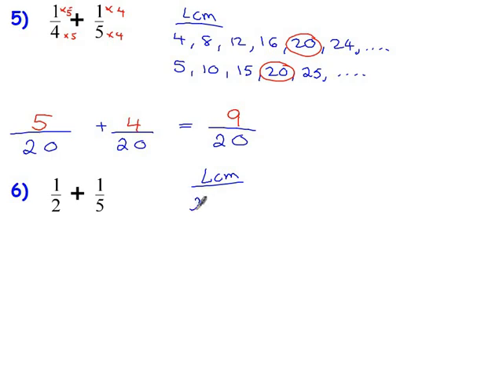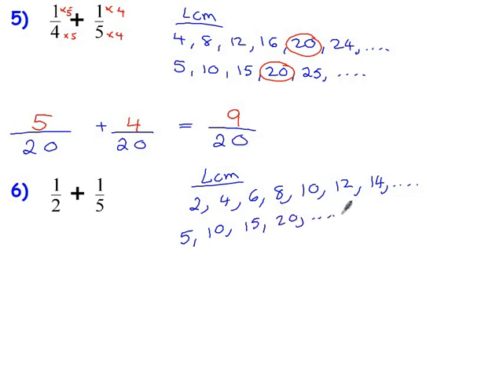So we write up to 2 times 7 to begin with. 2, 4, 6, 8, 10, 12, 14, etc. And the 5 times table, 5, 10, 15, 20, etc. The first number that's in the top list and the bottom list is 10. So that is our lowest common multiple. So we can rewrite every fraction over 10.